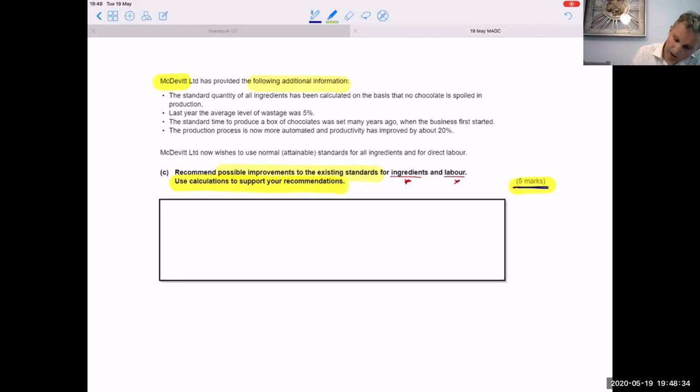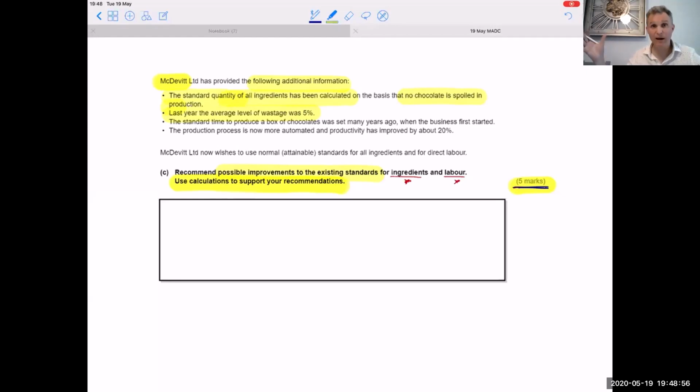The standard of quality of all ingredients has been calculated on the basis that no chocolate is spoiled in production. Last year, the average level of wastage was 5%. So on average, we wasted 5% of the chocolate that went in, through spillage, bits burning, and splashing while pouring it into the molds.